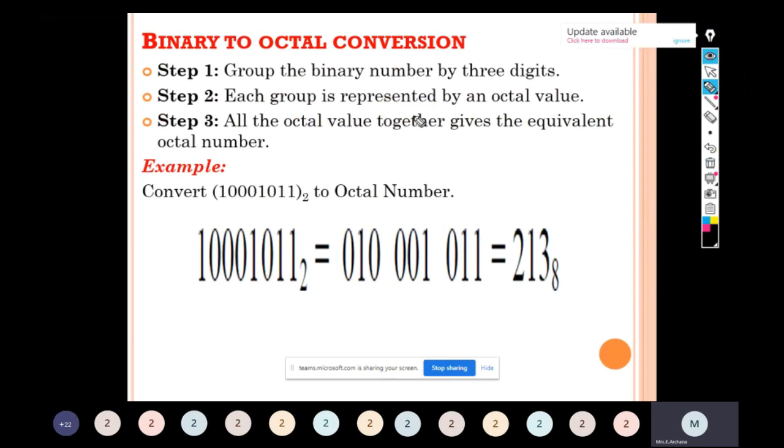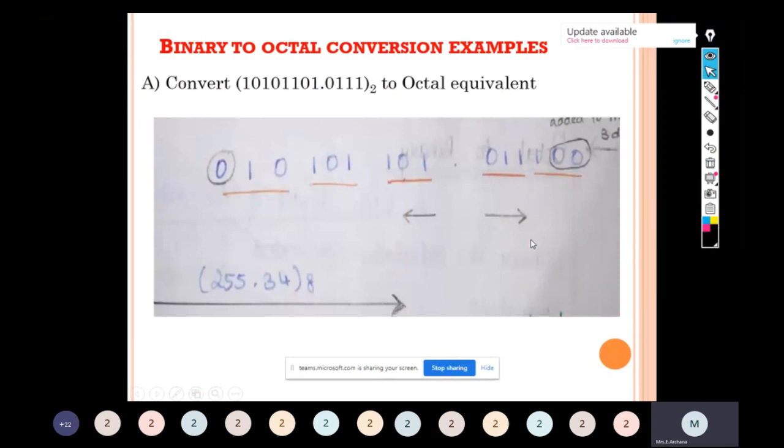So next one. See this next example. Convert 10101101.011 to its octal equivalent.